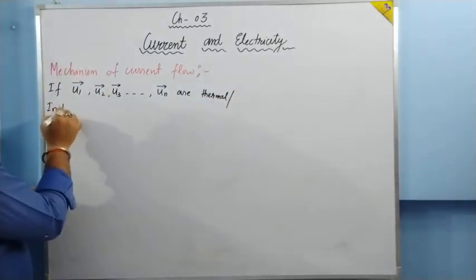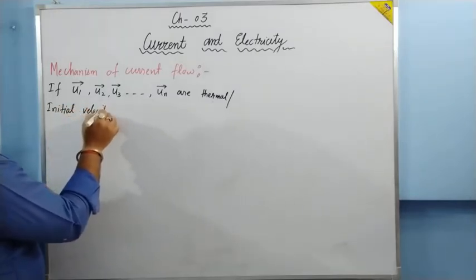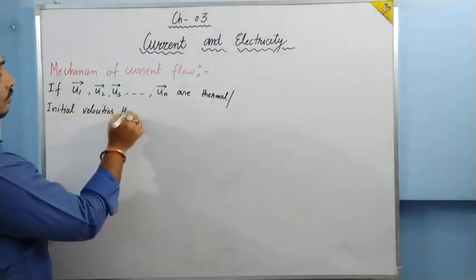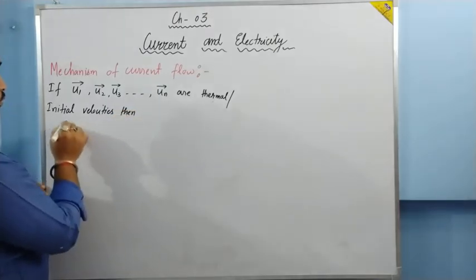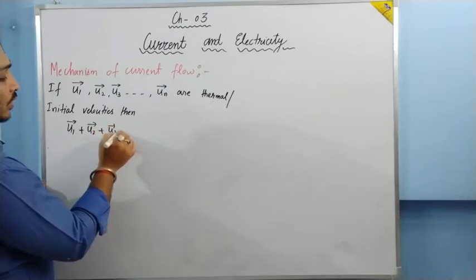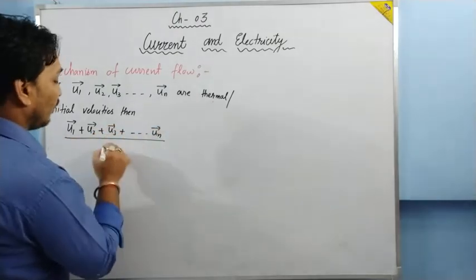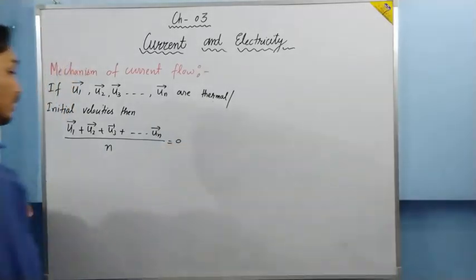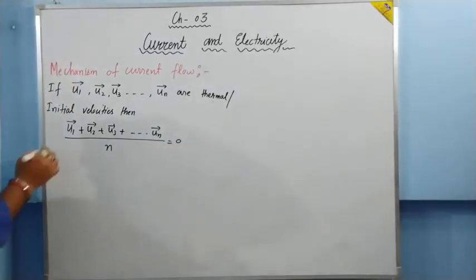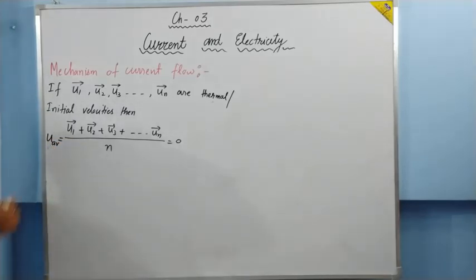Earlier what velocities were they having? Initial velocities. Then u1 vector plus u2 vector plus u3 vector plus so on, un vector, upon n is equal to what? 0. Why? Because the u are randomly oriented, and because of that the u average is 0.